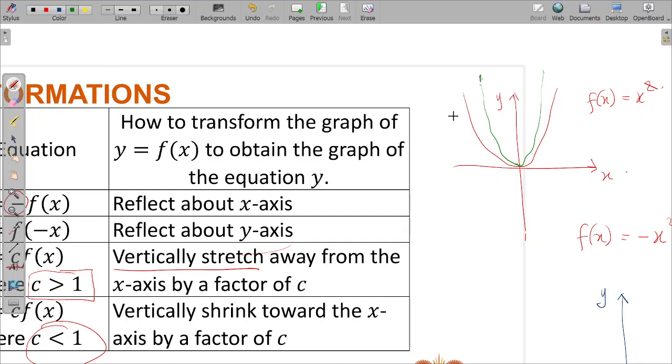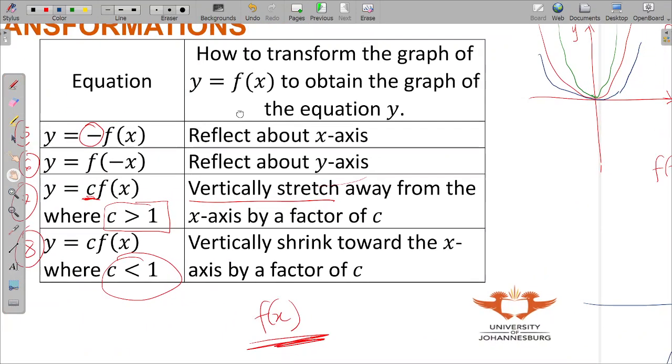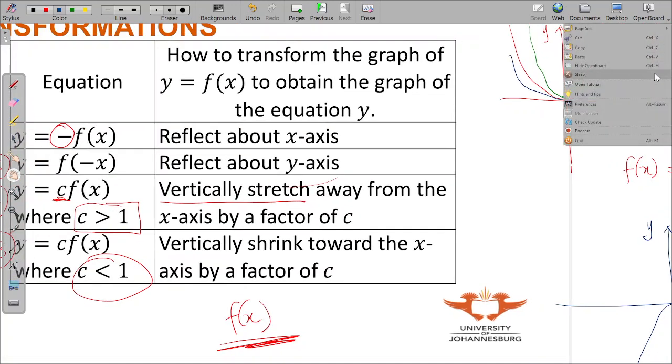It will be shorter, and then we are going to have something like this. Yeah, something like that.